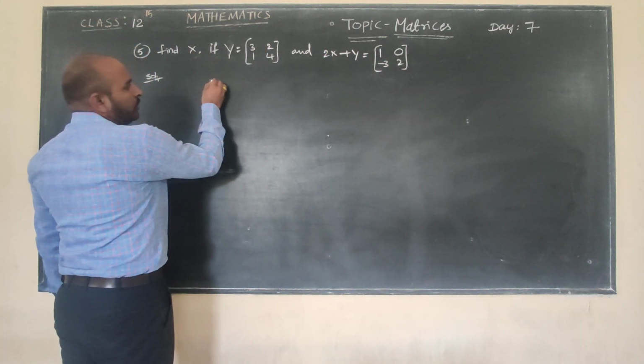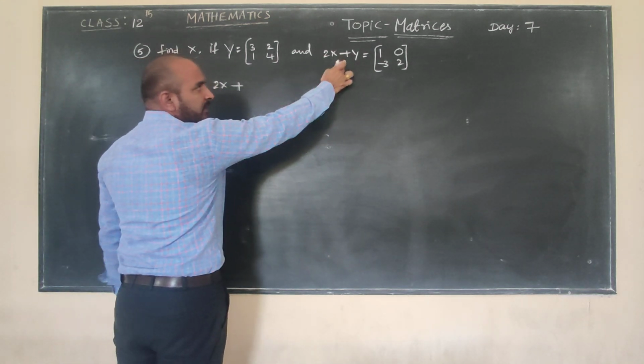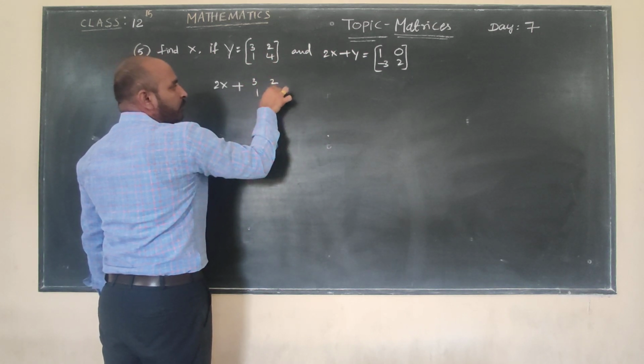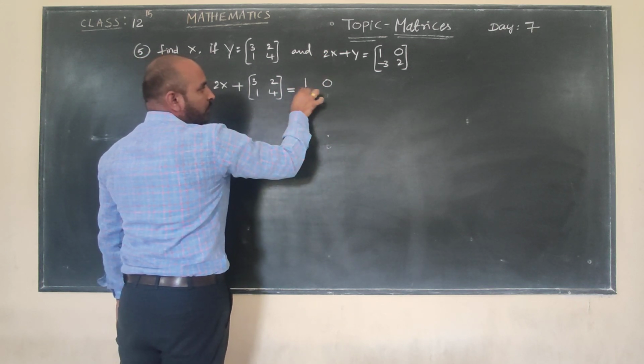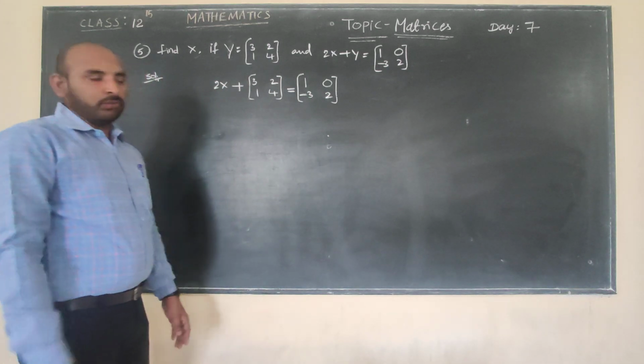So now in this equation, 2X plus, what is capital Y? This is capital Y, 3 2 1 4, a 2 by 2 matrix, equal to the right hand side matrix 1 0 minus 3 2.